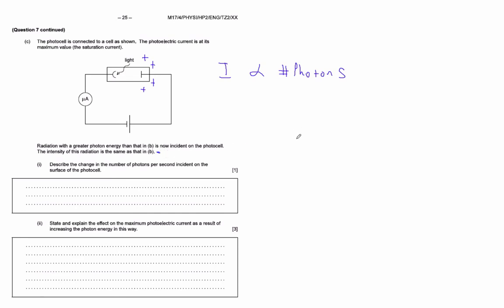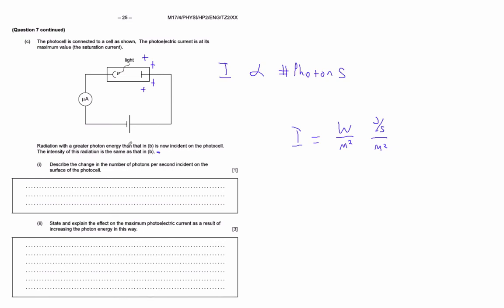Remember that intensity is watts per square meter, and a watt is a joule per second. What this means is they're going to go from, say, blue light to violet light or something like that.